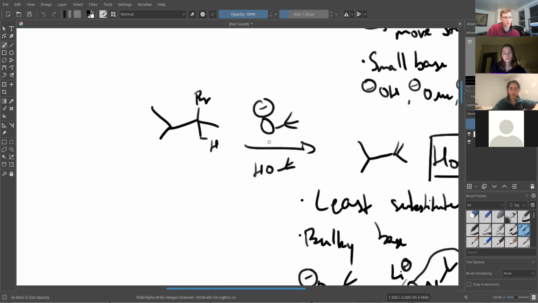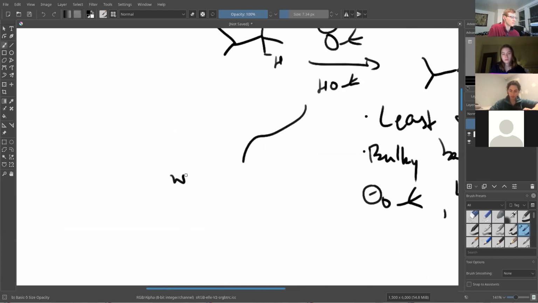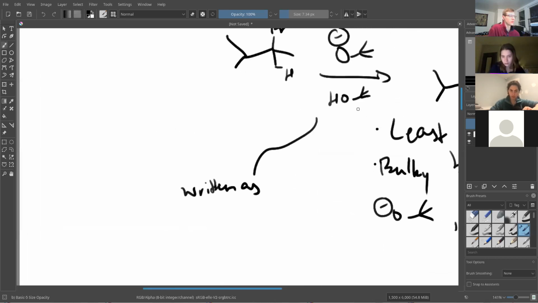So oftentimes in a case like this, you'll see these conditions written as KOtBu / HOtBu. You might see it written this way. On the exams and quizzes that they give, I think they tend to draw out the structure, but they might put this down.